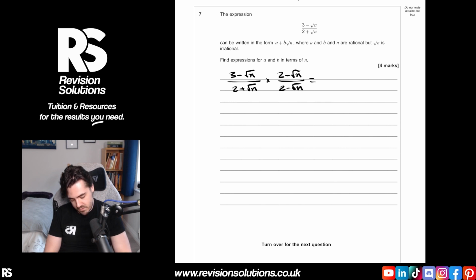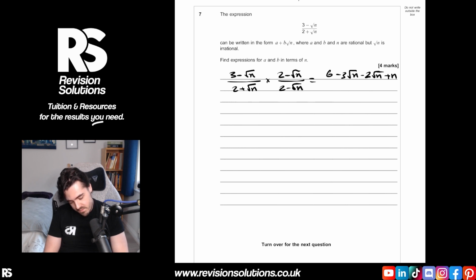So doing the multiplication, 2 times 3 is 6, and then 3 times minus root n is minus 3 root n. Next we'd have minus root n times 2, which would be minus 2 root n. And then minus root n times minus root n would just leave us with plus n.